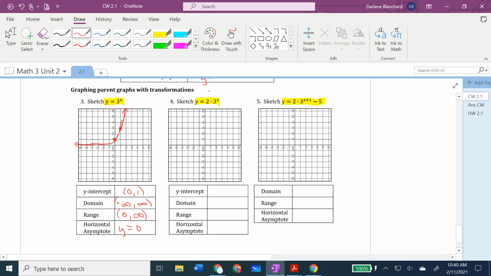When I multiply a function by a number, all it's doing to the graph is taking the y-coordinates and doing exactly what that says, multiplying them by 2. So you keep them at the same x-coordinate that you see the points at, and you just take the y-coordinates that you do know and multiply them by that number.